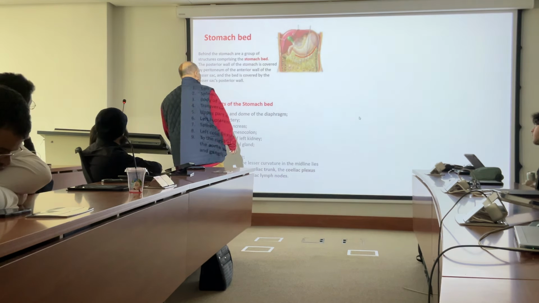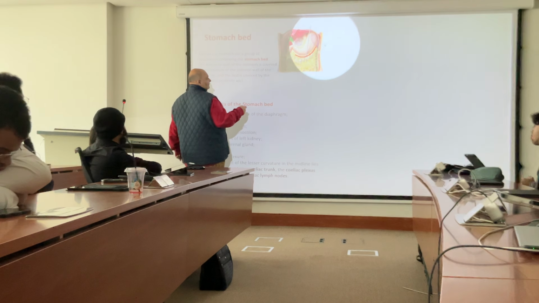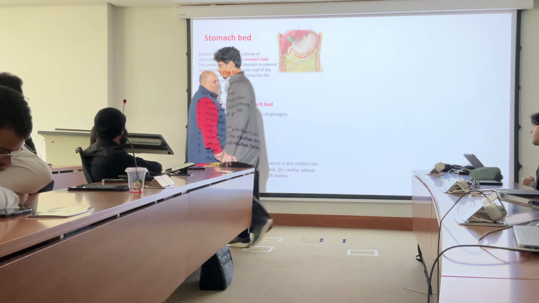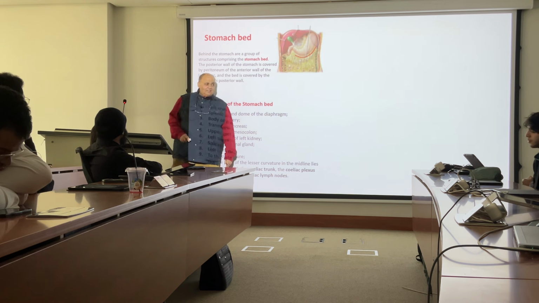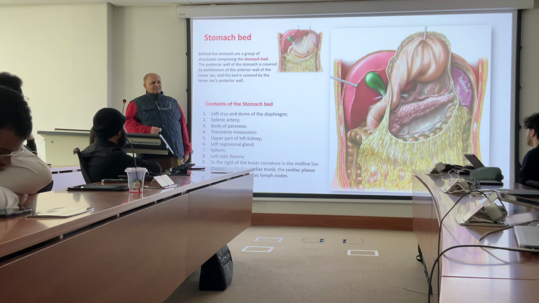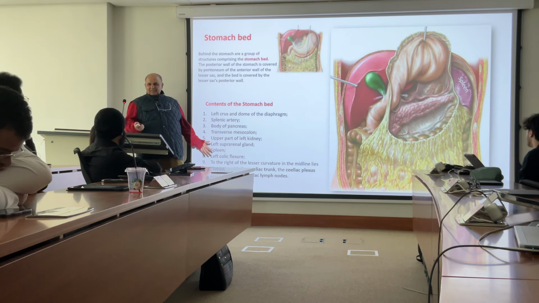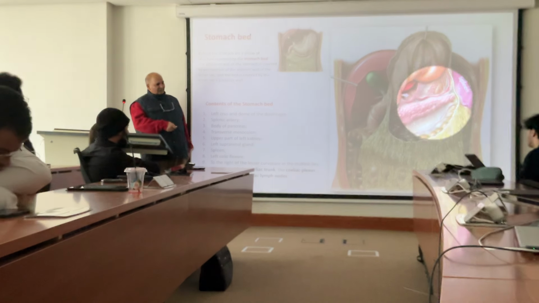So now, what have we done? We cut across the greater curvature of the stomach. Once we cut here, now the stomach is lifted. It is lifted. Now can you see what it was sitting on?